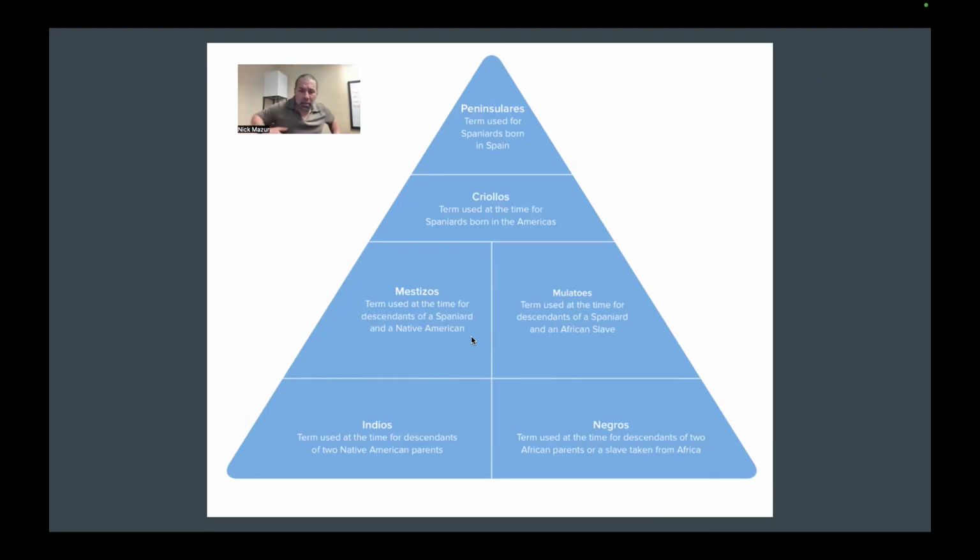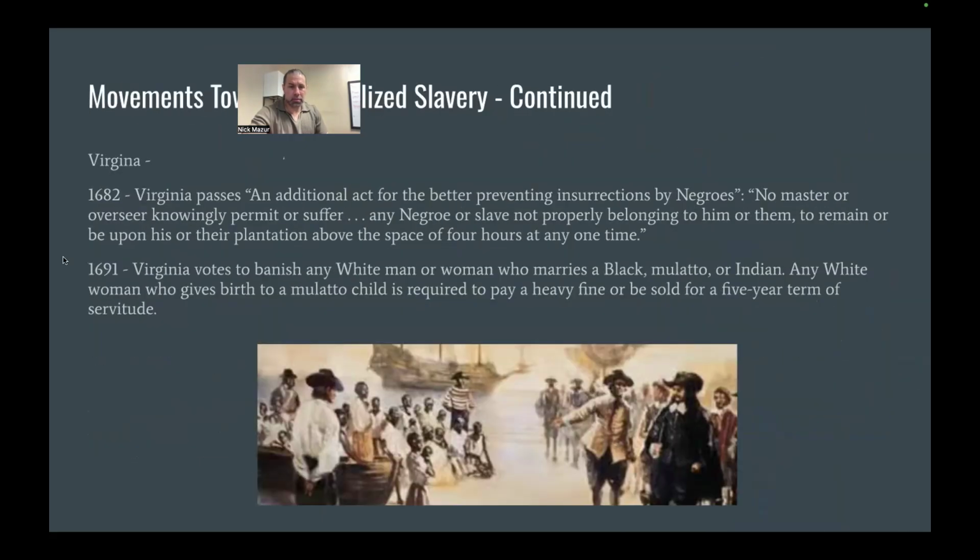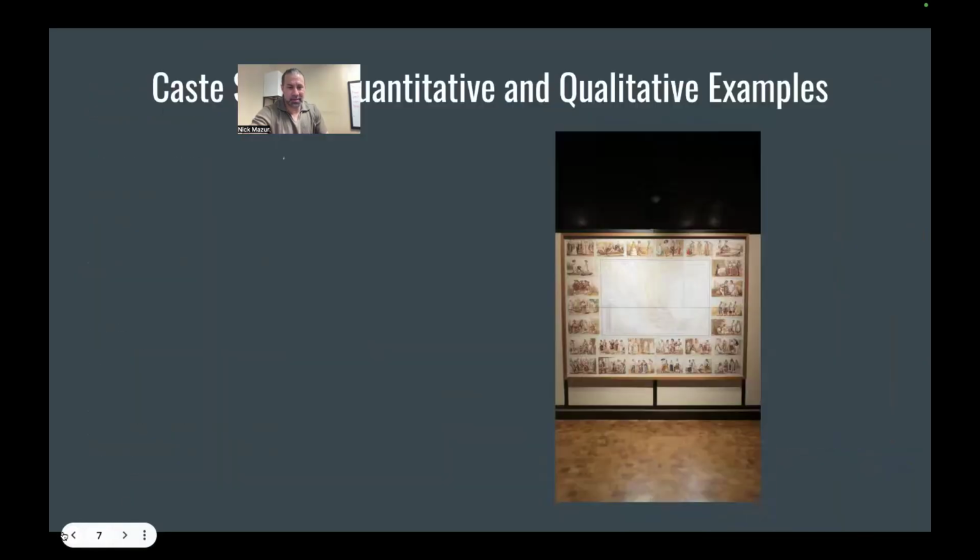So what we want to think about is how exactly this goes, and this is solidified in law, right? It is determined who you are. And the reason why you have these images, like, oops, why is it going backwards? Okay, that's not good. Let me go back. There we go.